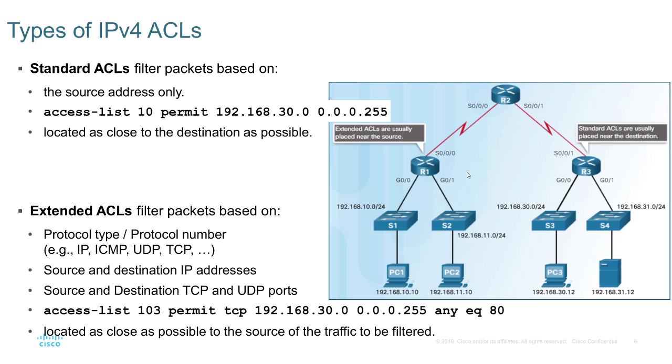That is one of the main advantages of extended ACLs: unwanted traffic can be blocked closer to the source, whereas with standard ACLs, blocking can only happen closer to the destination, because up until the destination we will not know what type of decision has to be made, as we are only relying on the source information. Whereas with extended, because we have source and destination information, we can make those determinations closer to the source.